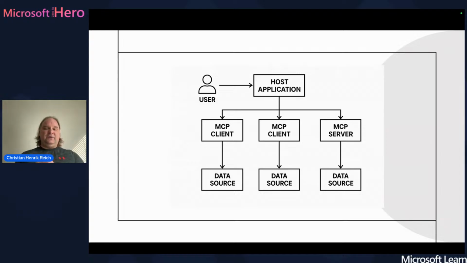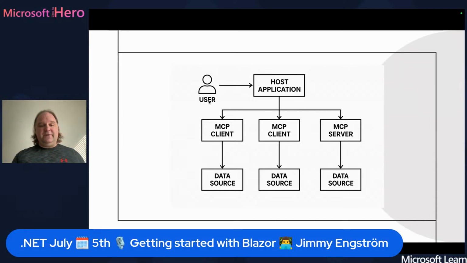MCP servers, you can look at a little bit like REST clients with a natural language interface. So we have a host application, and this host application speaks natural language, and we communicate with the host application in natural language.